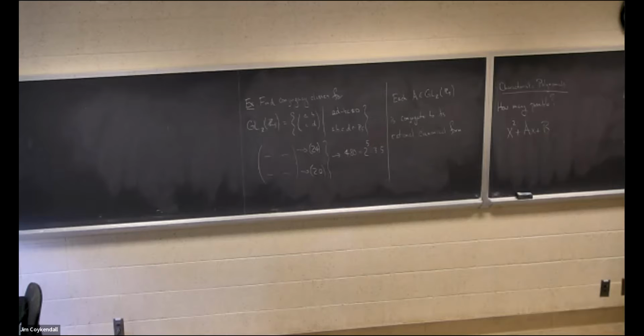How many are possible? There's really only one restriction you need. Does anybody see the restriction? There's a restriction on B that's necessary.